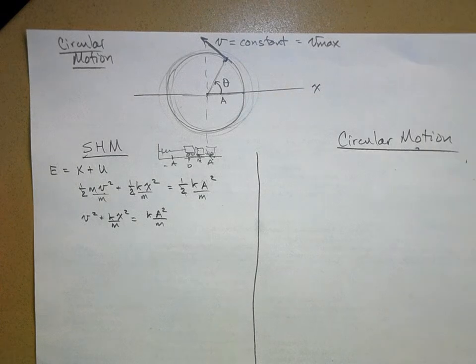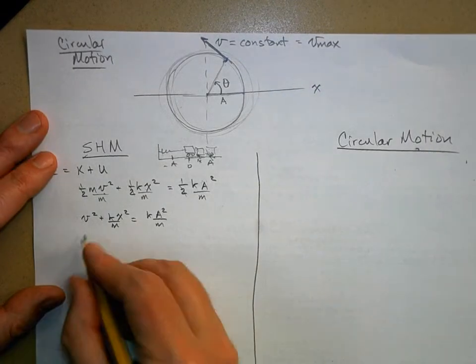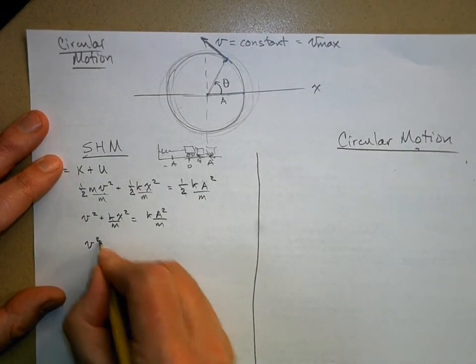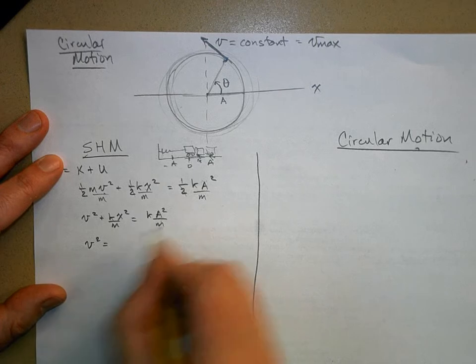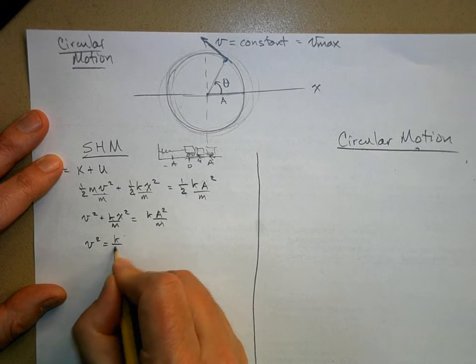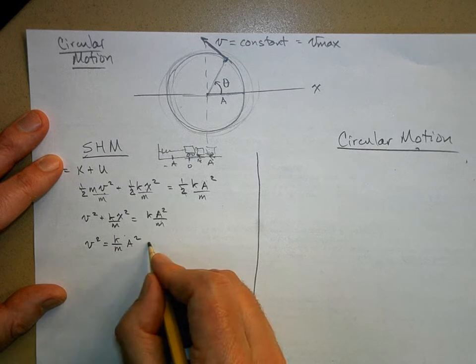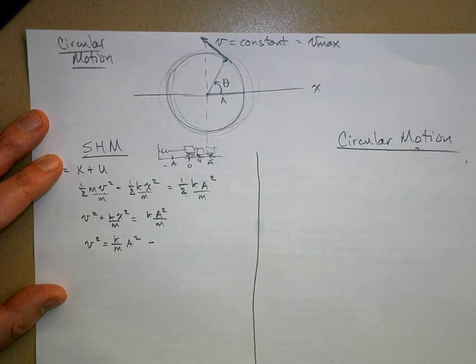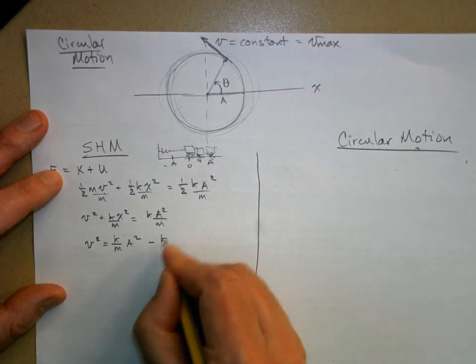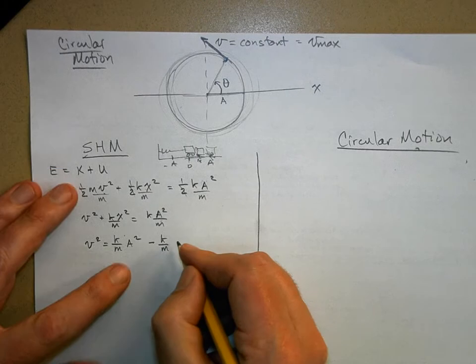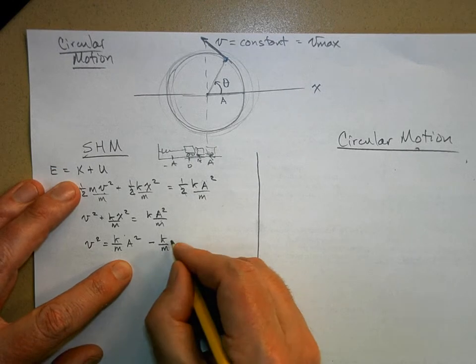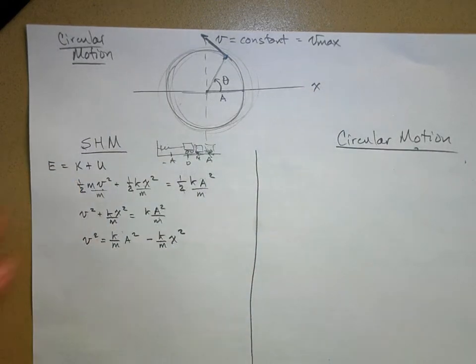Okay, now I'm going to put this on the other side. v squared equals this thing, k over m times a squared, minus k over m times x squared. Okay?